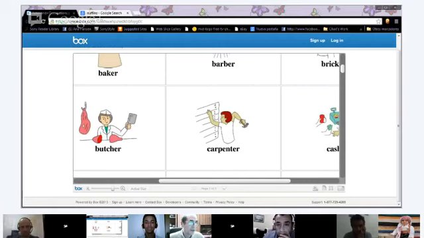Yeah. So class, another word that we can call a carpenter is a woodworker. A woodworker. Okay, and that's someone that makes things out of wood. So what type of things can you make out of wood?